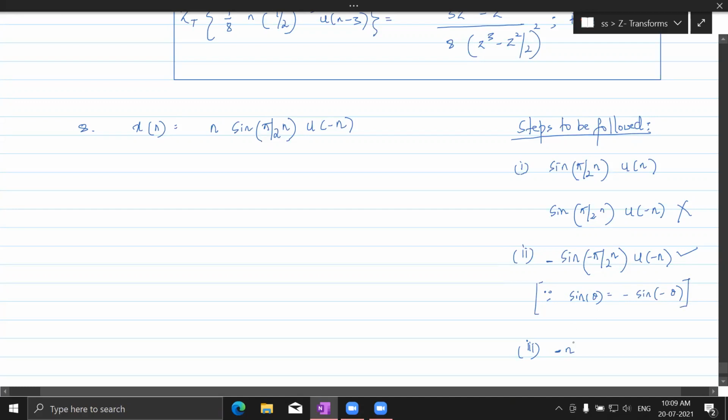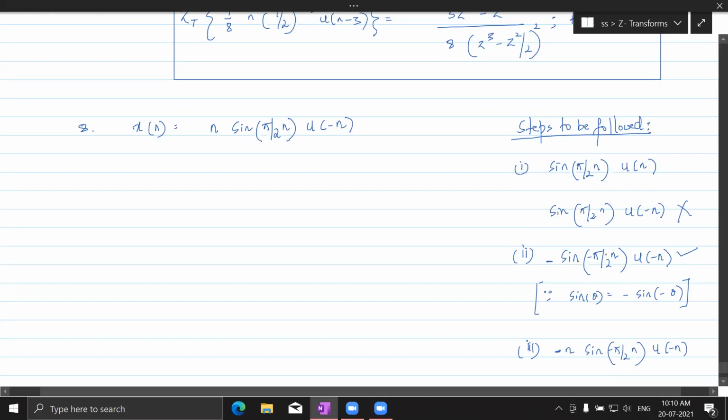adjustment. Then you need to get this, sine minus pi by 2 n u of minus n. So this we need to get finally. Is it okay with you, everybody? So let's get on with this.